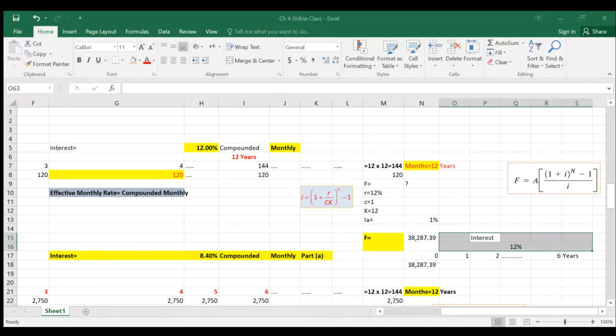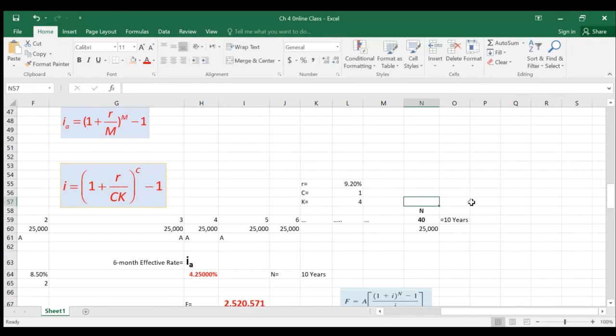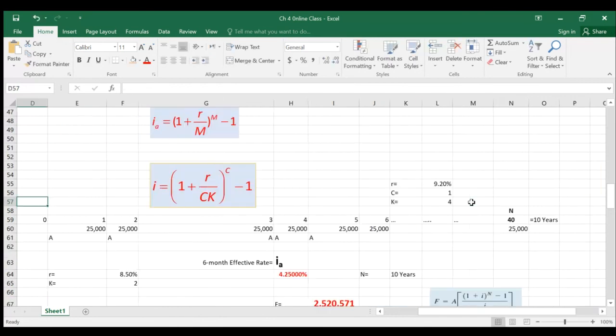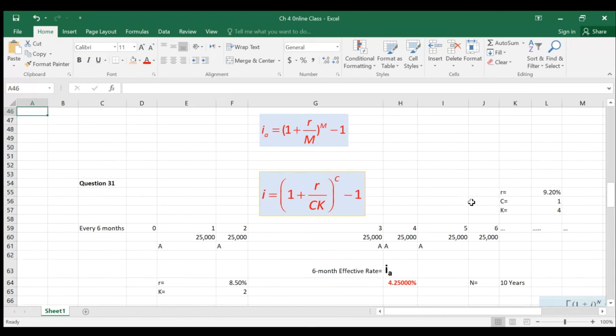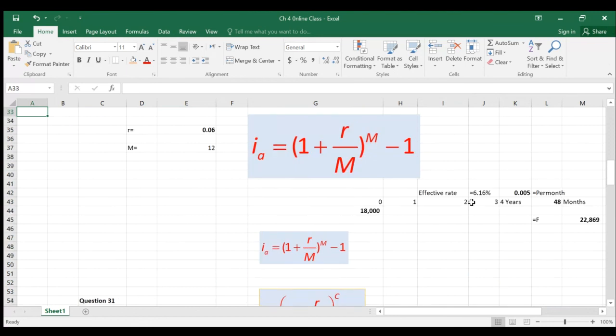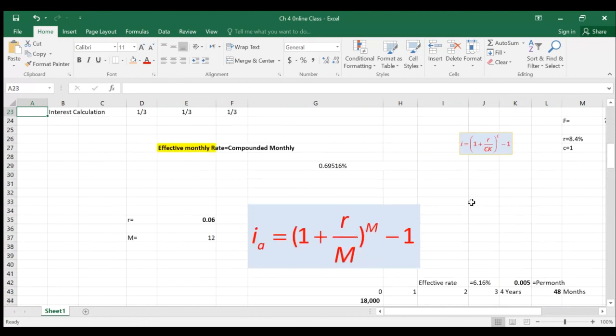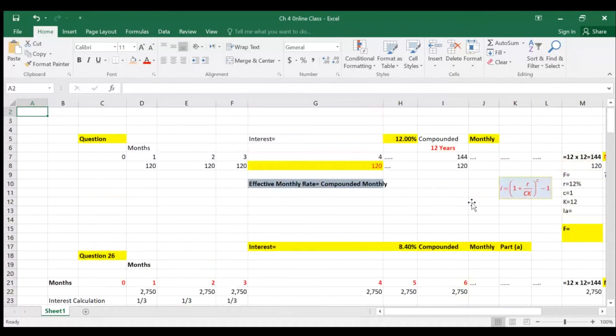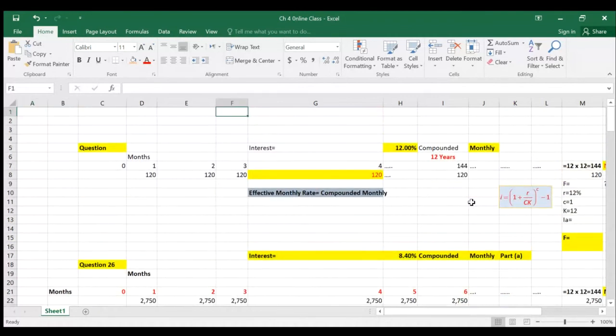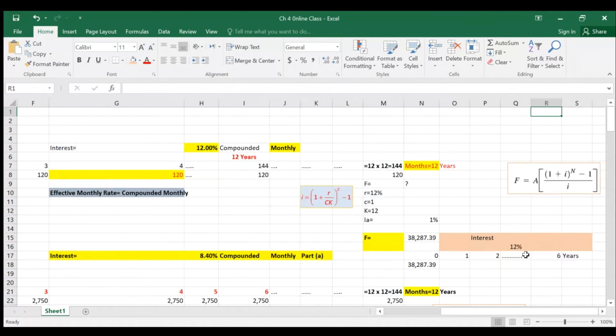Actually, for me it's hanging, so I cannot do anything with this one. Okay, now it's okay.